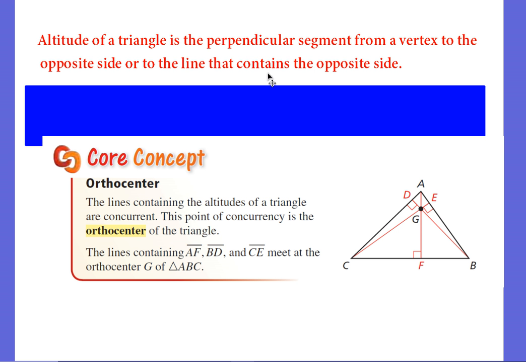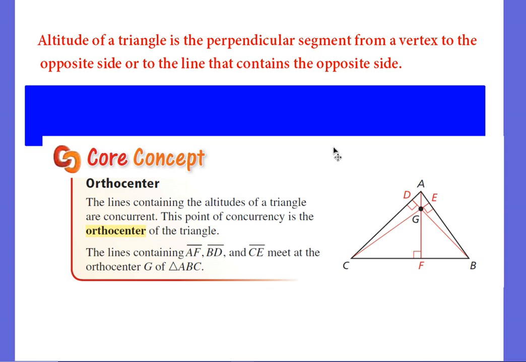This is important because of what would happen if it's an obtuse triangle. The perpendicular segment to its opposite side may not actually hit the opposite side. It could hit a line that contains the opposite side.